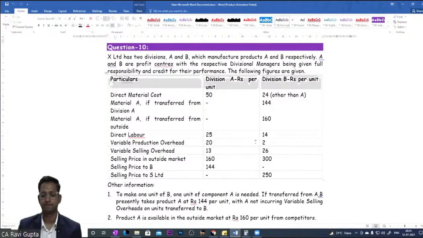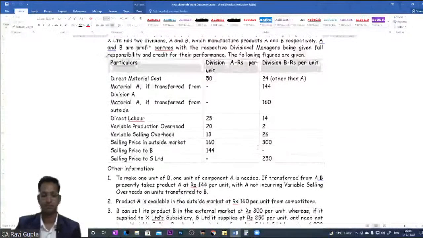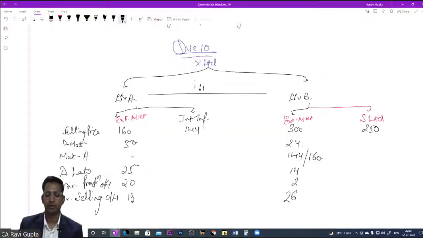And if transferred from A, B presently takes product A at rupees 144, with A not incurring variable selling overhead on units transferred to B. Fine. So 50 rupees, 25 rupees, 20 rupees. This 13 rupees cost will not be incurred.